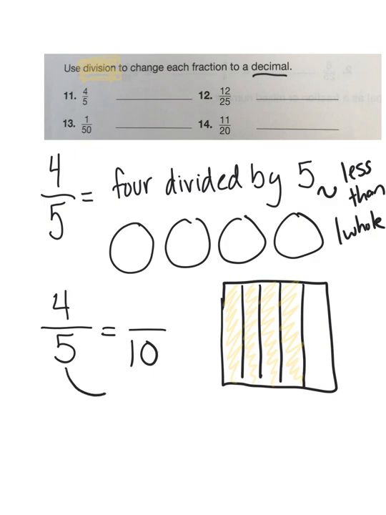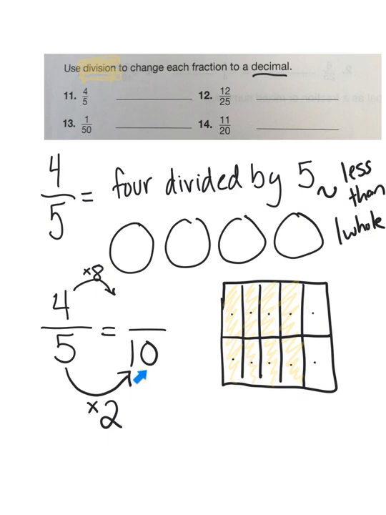Now I'm going to multiply this by 2 and see how many equal pieces I end up with. So if I cut my 5 equal pieces each into 2, now I have 10 equal pieces. 1, 2, 3, 4, 5, 6, 7, 8, 9, 10.